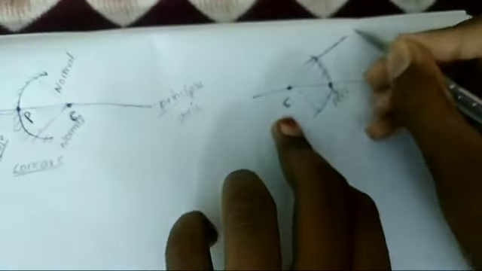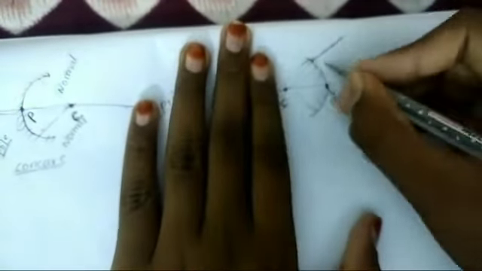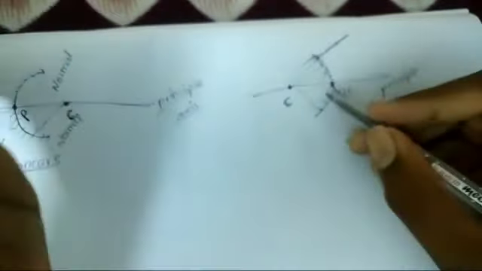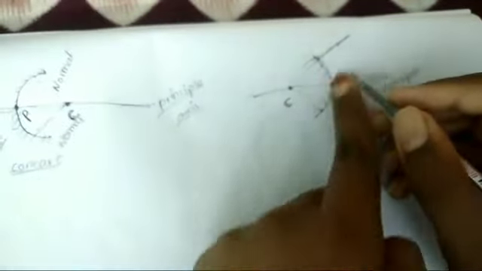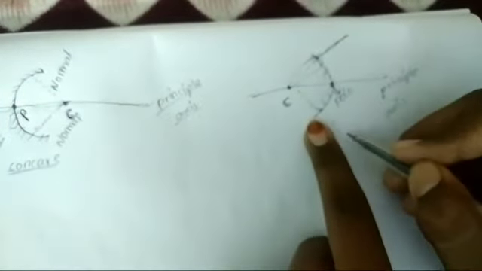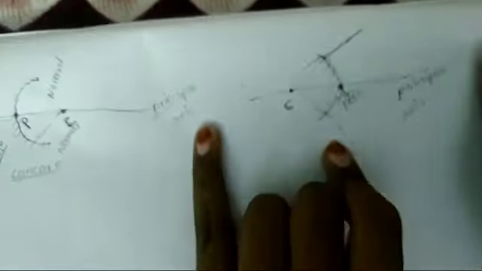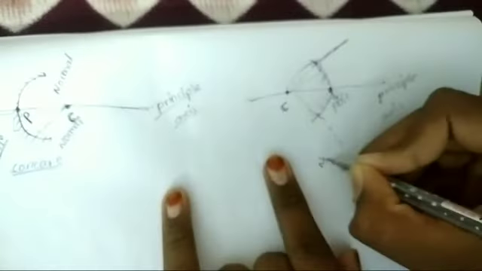This is the normal. Okay, and this is the normal, because mirror is outside, not inside of the circle. If you think this is a circle, the mirror is outside of the circle, so the normal should also be outside of the circle. I think you can understand. This is normal.